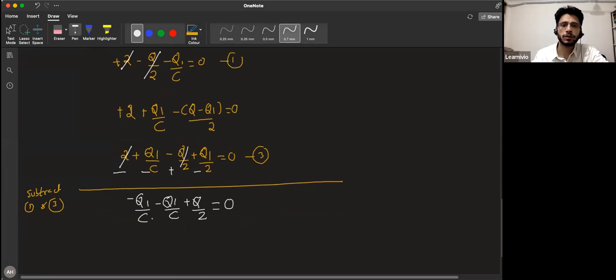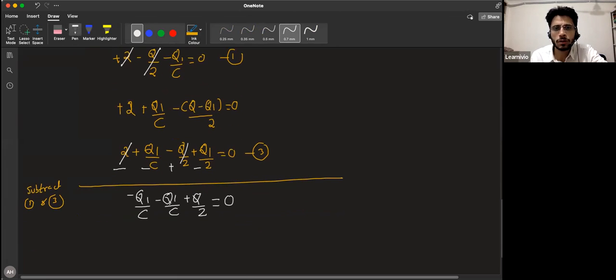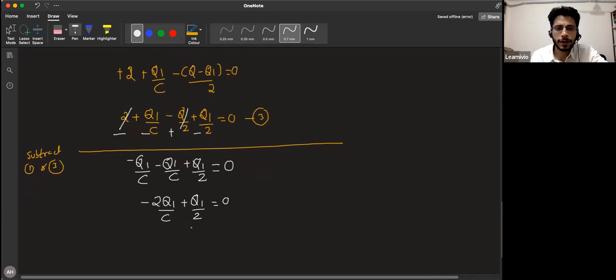Now we can calculate Q1. So minus Q1, and this is Q1 by 2. So this is minus 2 Q1 by C, plus Q1 by 2 is equal to 0. I can take Q1 as common from here. So we have 1 by 2 minus 2 by C is equal to 0.